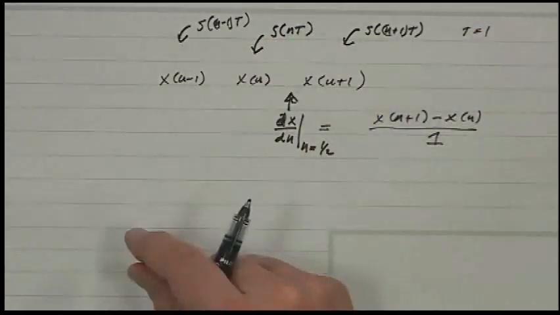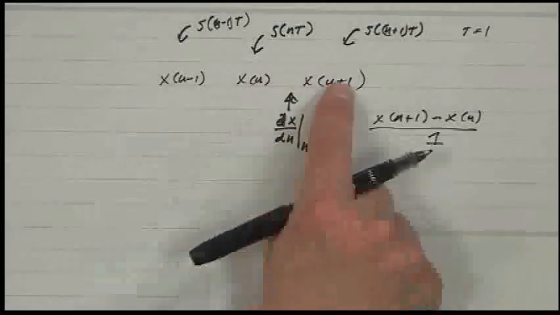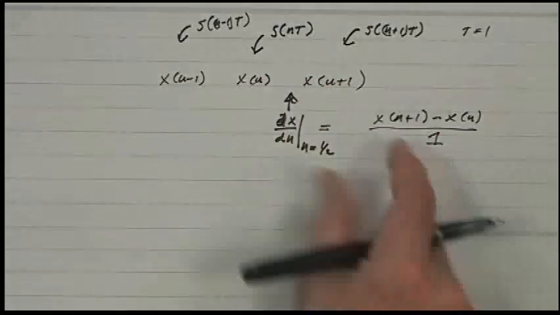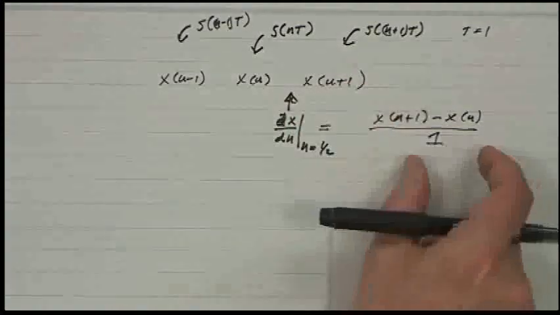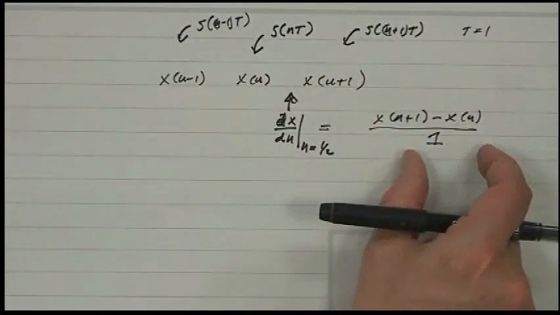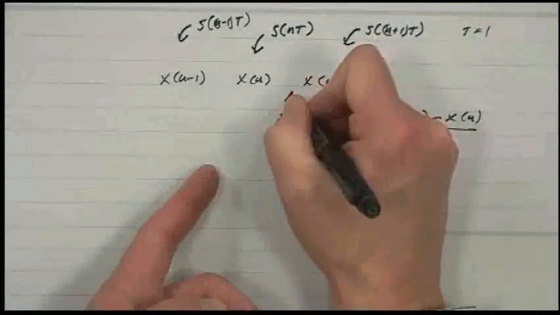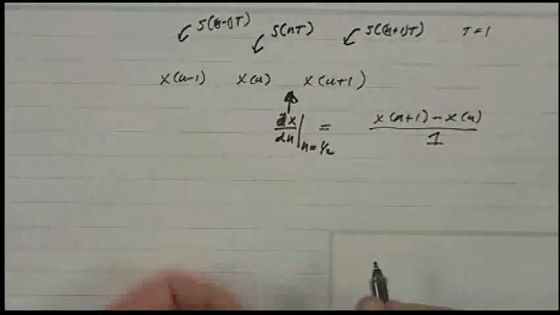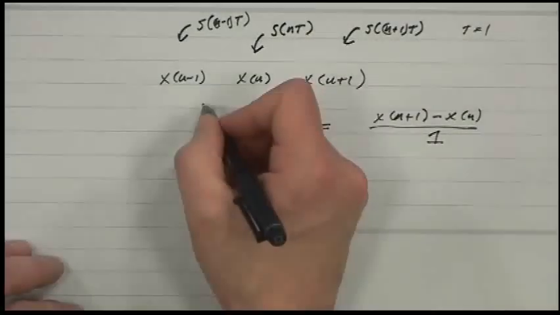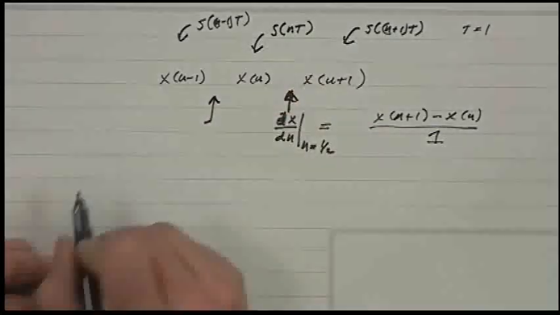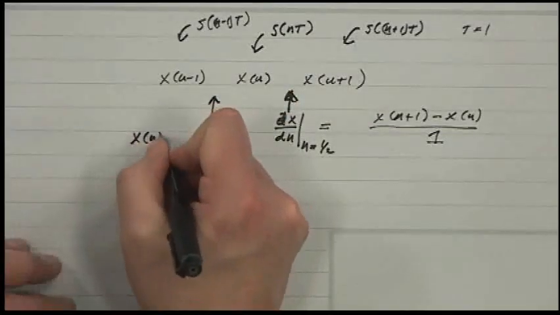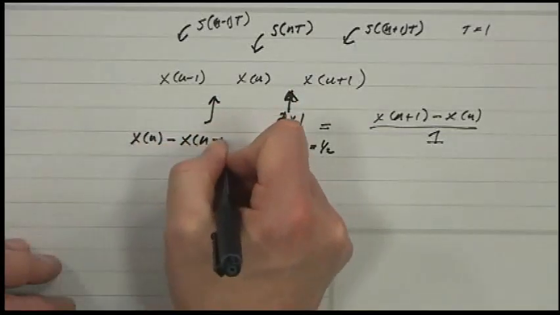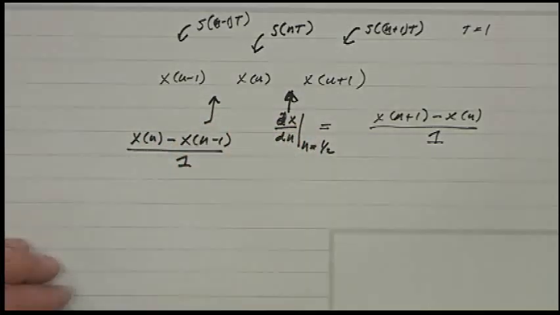But if I want to approximate the derivative of s, I just take the difference between these two things and I divide by 1, which is their spacing. And that's like the derivative. And I've taken the derivative at the halfway point, right? Okay, it's logical enough, right? And the derivative at this halfway point here would be x of n minus x of n minus 1 divided by 1, right?